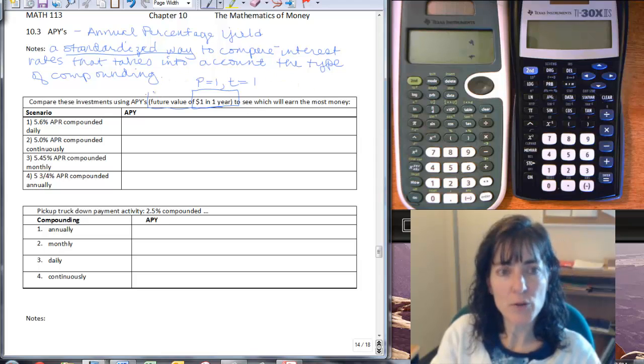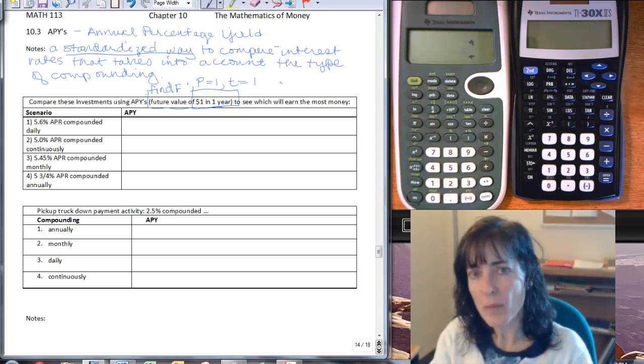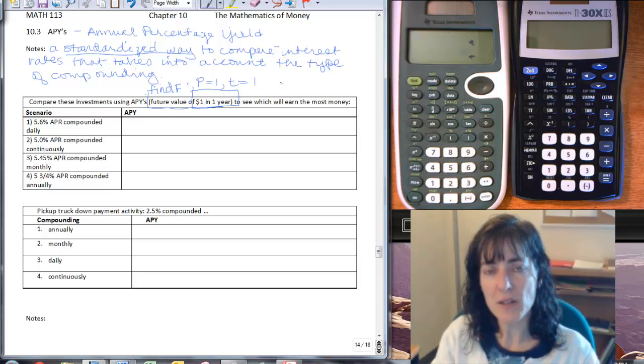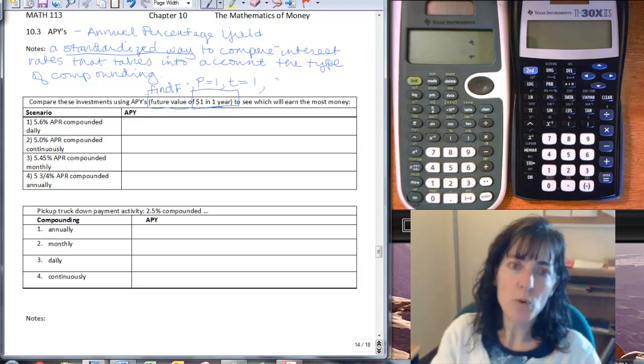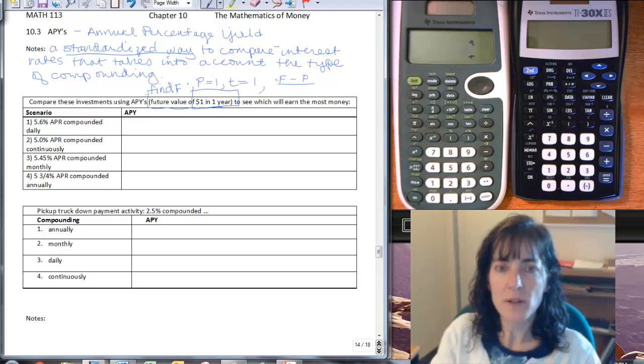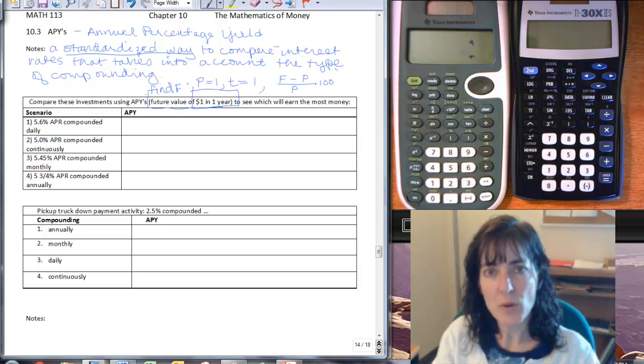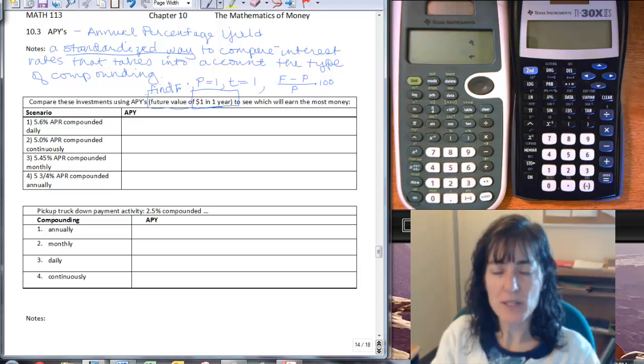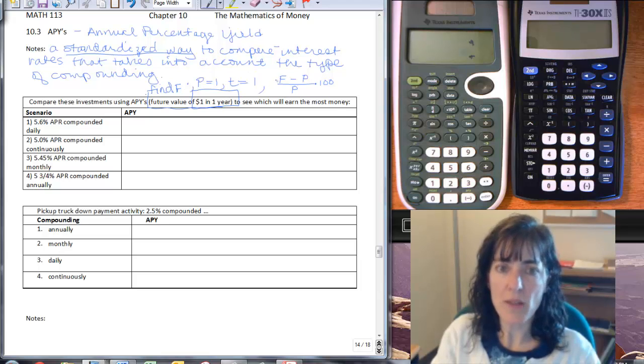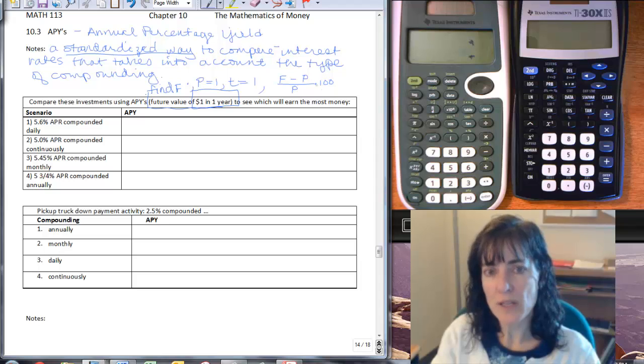So we're going to find our future value, find F, using P equals 1, T equals 1, and then whichever compounding formula you need based on the keywords that are there. And then we're going to do the future minus the present, so the new minus the old over the old, and then times 100, and that's going to give us a percent increase. So that's what we use for our APY, the future minus present over present times 100.